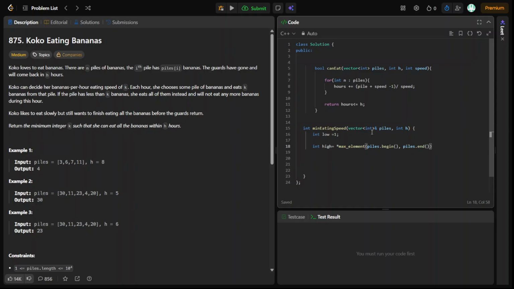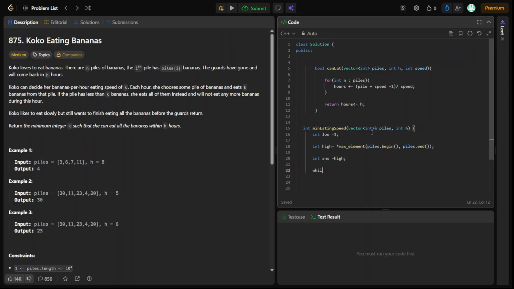That would be our whole binary search array, the sorted array. Then we can say int answer. For now the answer would be high. Yes, we are starting from high.